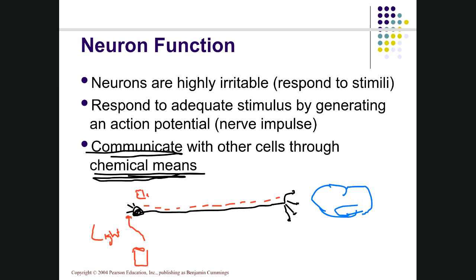Well, the way the cell is going to talk to the brain is it's going to release these chemicals. And these chemicals have a name, and you may have heard of this name before. They're called neurotransmitters. And so we're going to spend time talking about those later on as well. And so that's how we somehow got from a glass of water, here's our glass of water over here, all the way to having a decision about what to do with the glass of water.